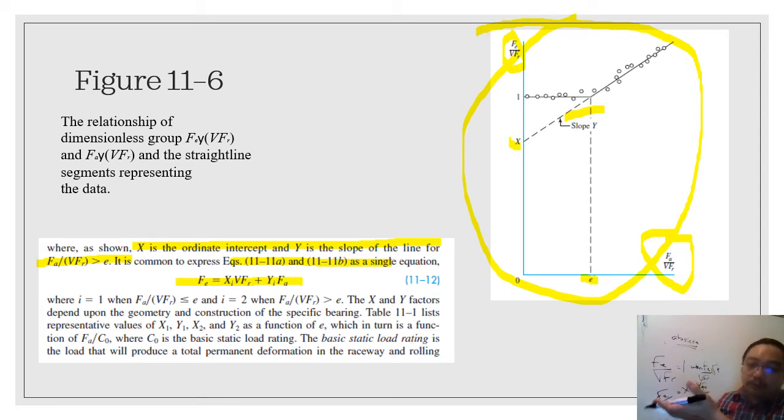Fr is the radial load and Fa is the axial thrust. The basic static load rating is the load that produces a total permanent deformation in the raceway and the rolling element. I will explain the basic static load in the next slide.